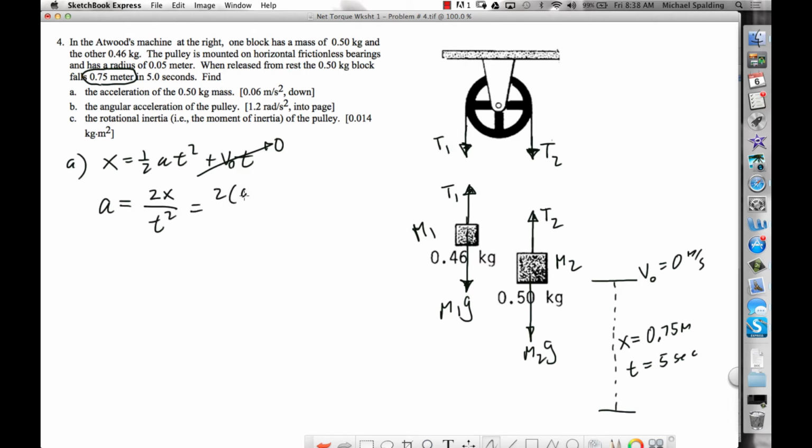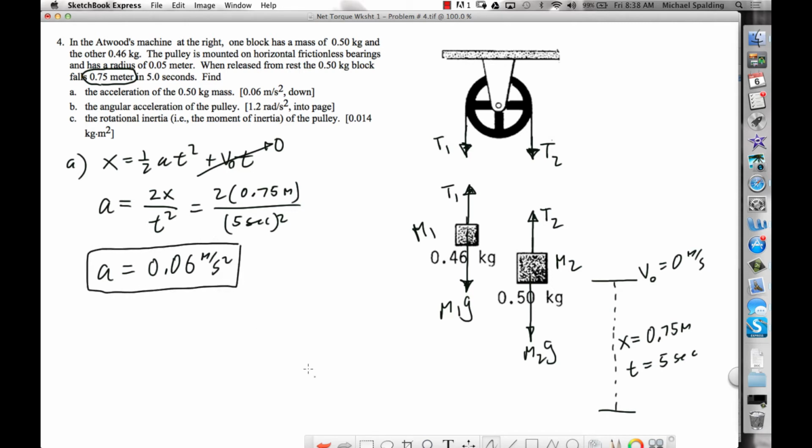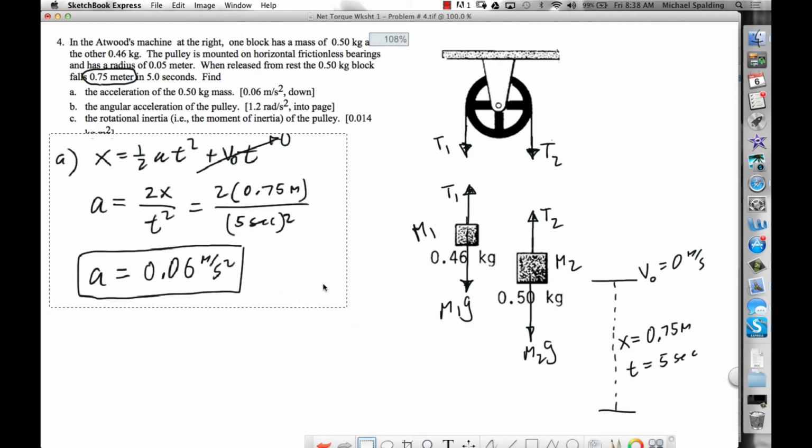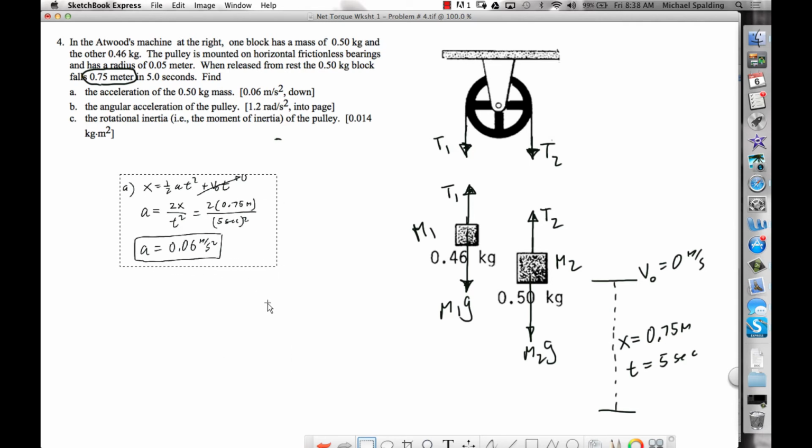So that's going to be 2 times 0.75 meters over 5 seconds squared. And then this gives an acceleration of 0.06 meters per second squared. Okay, that's part A.